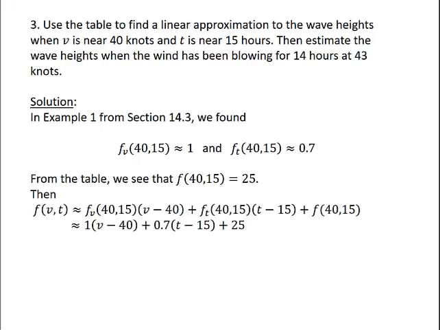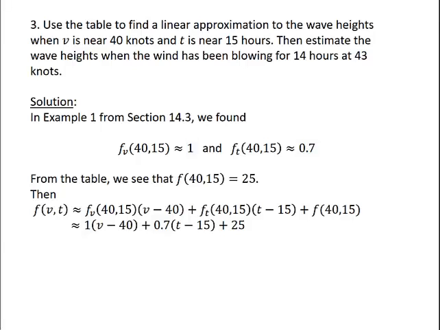So we're now ready to use our formula for the linear approximation. We plug in our point values of 40, 15, and 25, and our approximations for our partial derivatives of 1 and 0.7.